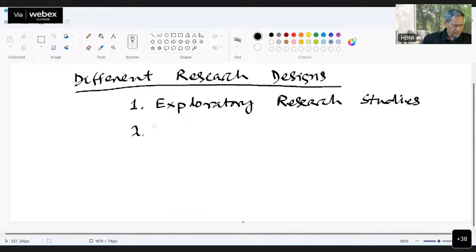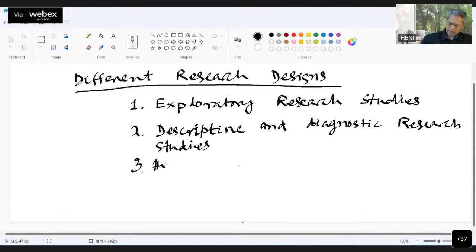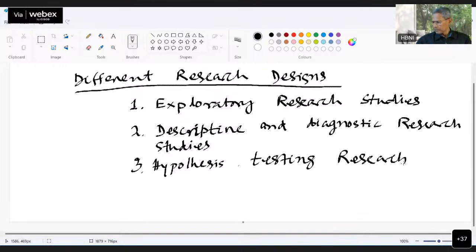Then second, descriptive and diagnostic research studies. And third, testing research.